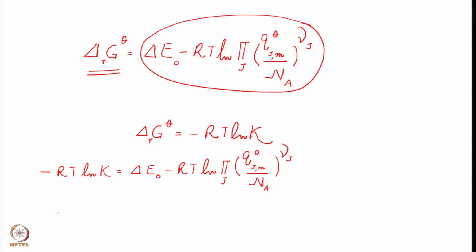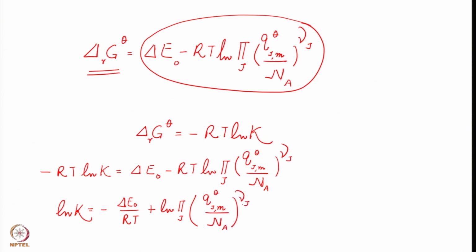This equation can be rewritten as log K is equal to minus delta E naught by RT plus log product over J of q J m by Na raised to the power stoichiometric number.